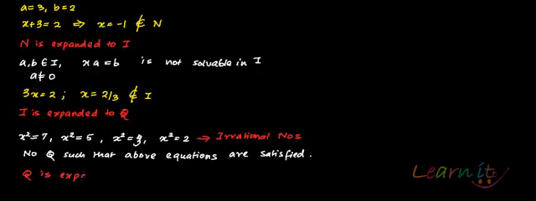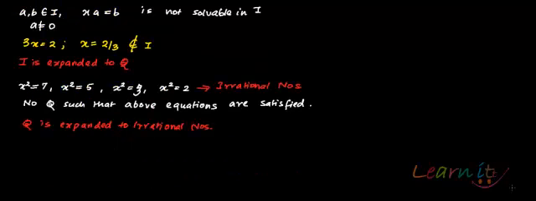So rational numbers are expanded to irrational numbers. And the set of these rational plus irrational numbers is your real numbers.